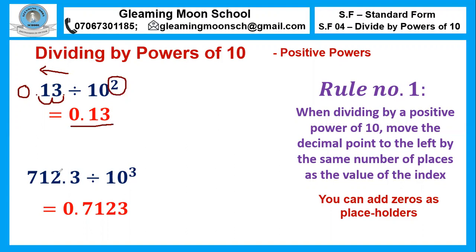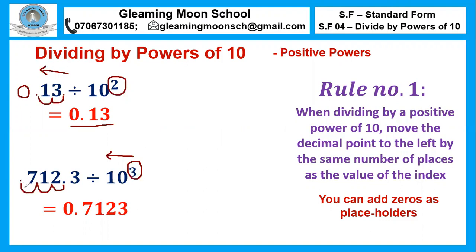So the same rule applies even when there is a decimal point. The only difference is that with a whole number, you are the one who remembers that the decimal point is at the end of the whole number. Whereas in a decimal number, you can see the decimal point where it is. So in this case, the power says 3. So we are going to move it to the left 3 places. So we go 1, 2, 3.